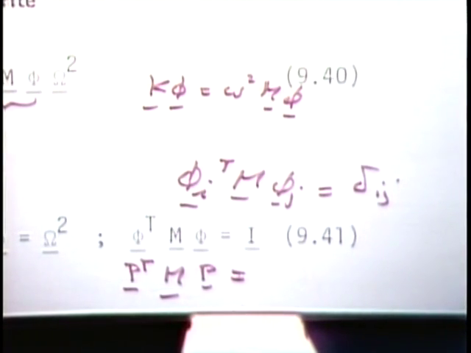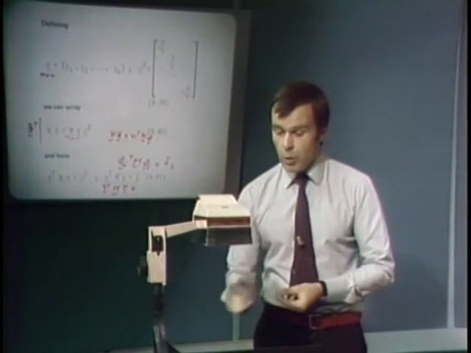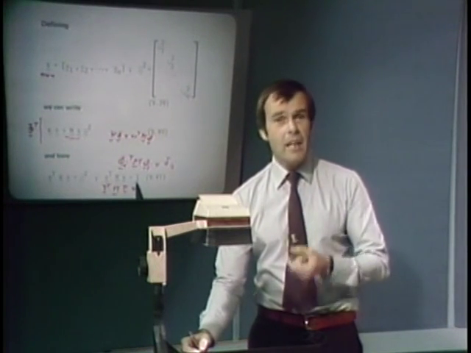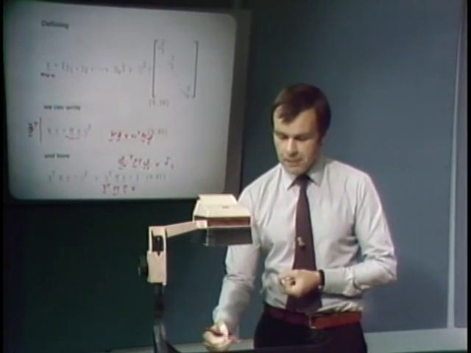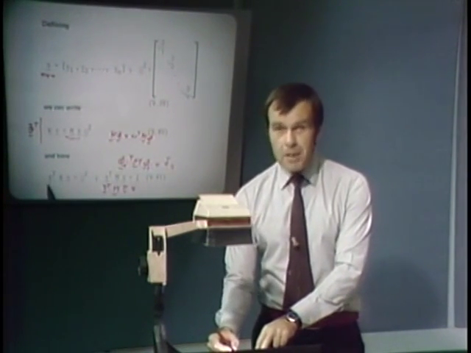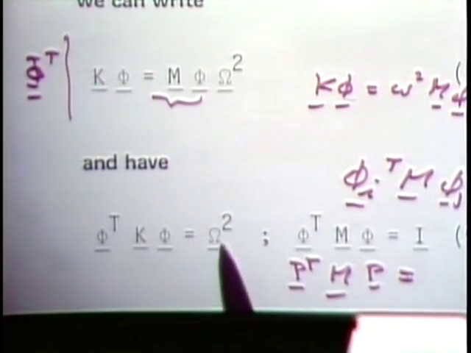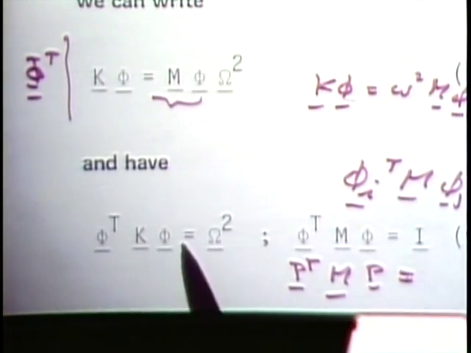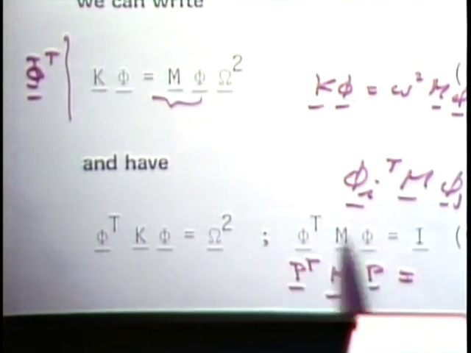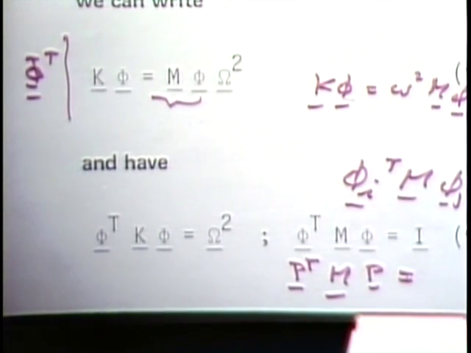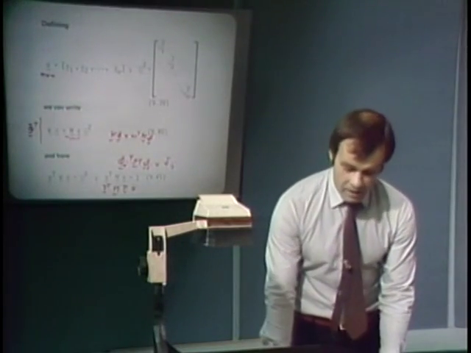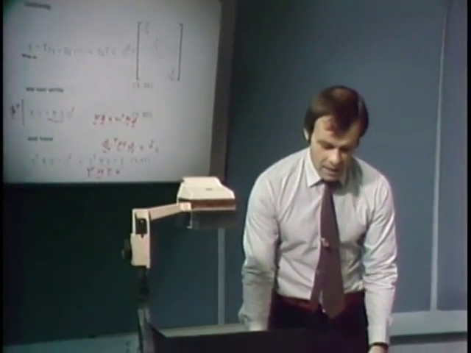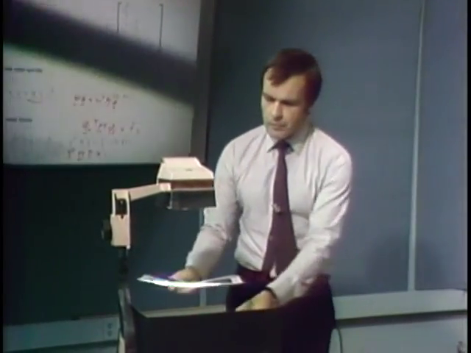In fact, a very nice diagonal matrix, the identity matrix, which is diagonal and has just ones on the diagonal. Similarly, we wanted P transpose K P to be a diagonal matrix. Well, we have achieved that by this phi matrix. So the phi matrix is indeed a particular P matrix that we can use.